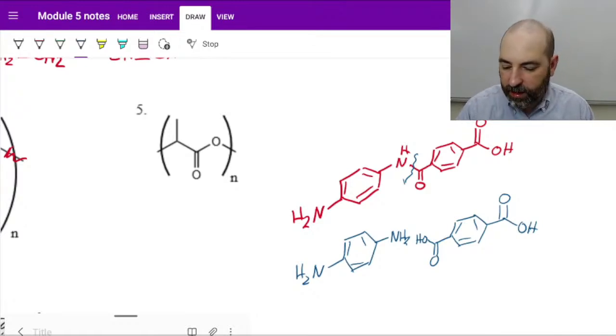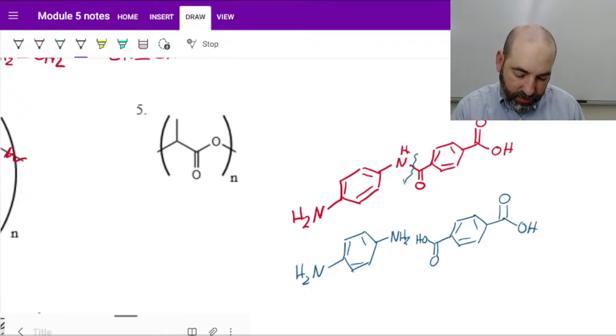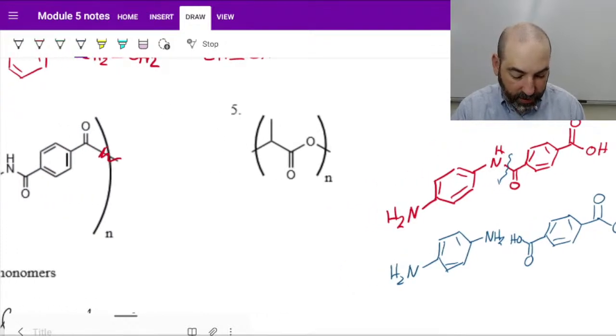If you've ever done 3D printing, this is likely the plastic material that you've used for that. So again, we're going to do the same process. This time, it's pretty clear there's just one place to break it. But the thing that's a little bit confusing perhaps about this one is where are we going to make that break?